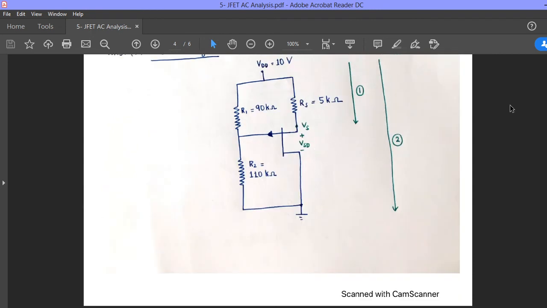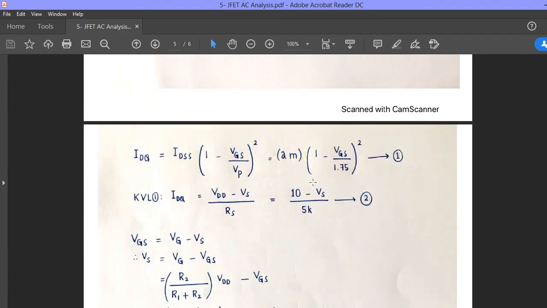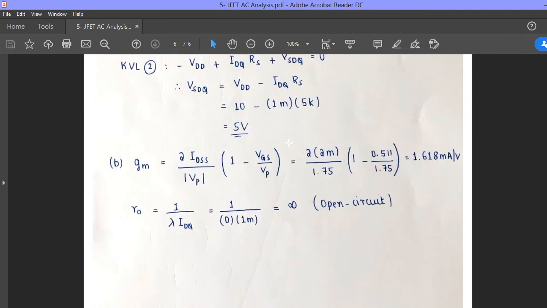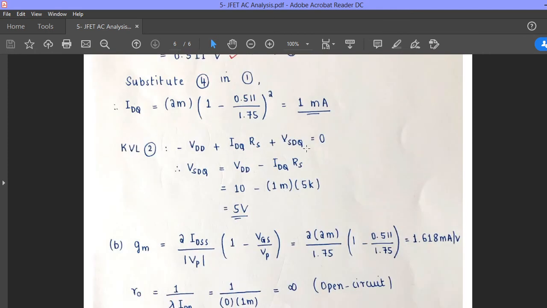We can obtain it by applying KVL: minus VDD plus IDQ RS plus VSDQ equals 0.